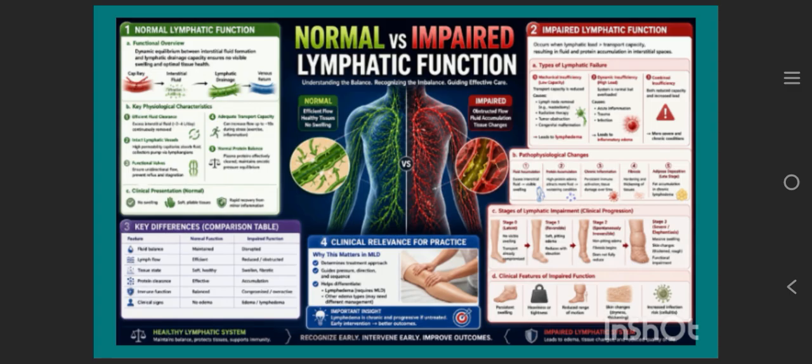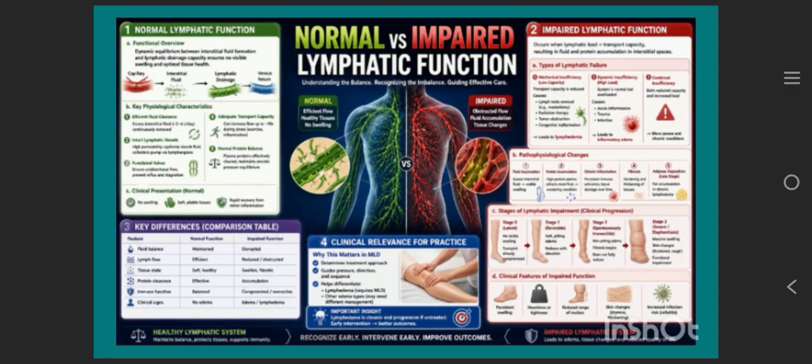Next we will look at the key differences. The first feature is fluid balance. In normal function, fluid balance is maintained, and in impaired function it is disrupted.